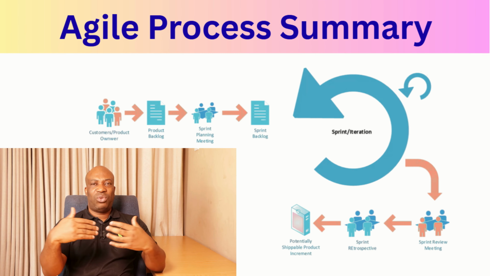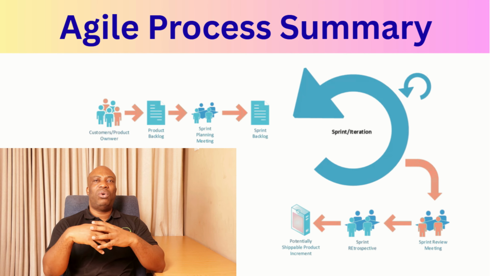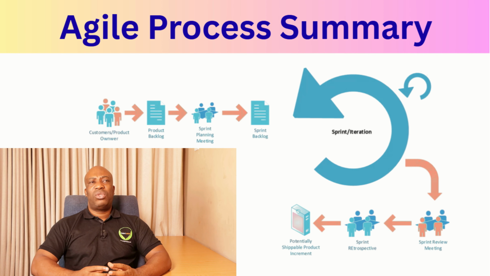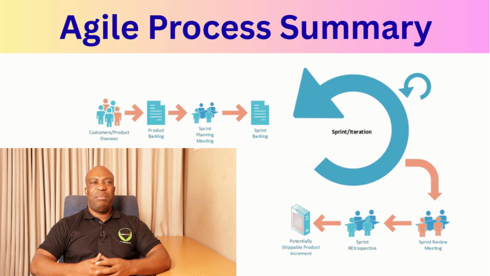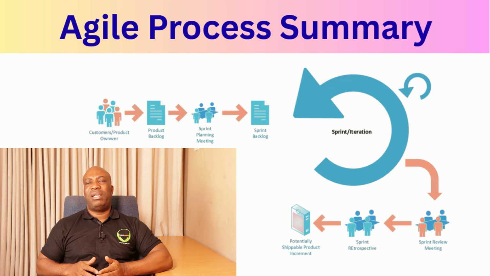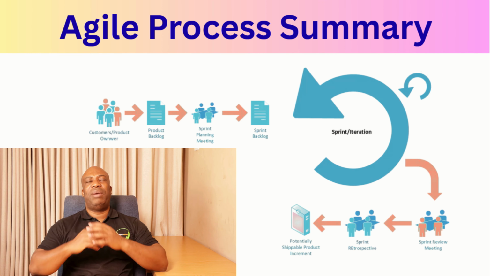So they invite the customer to a meeting. This meeting is called the sprint review meeting. The purpose of this sprint review meeting is to show the customer what has been produced and to allow the customer to give feedback. Remember, Agile, we said it's collaboration, customer collaboration from the beginning all the way up to the end.